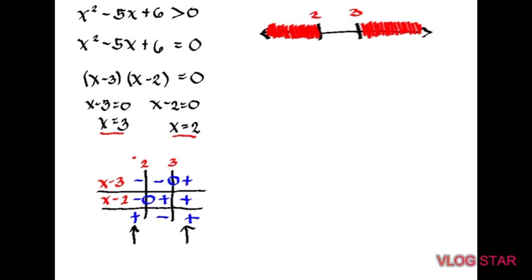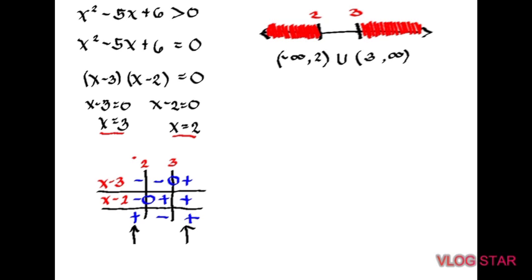Okay, so again, 2 and 3 are not included because the circles are not shaded. Alright, so if we're going to write this as a notation, it means that the solutions of this quadratic inequality are the numbers below 2. 2 is not included.